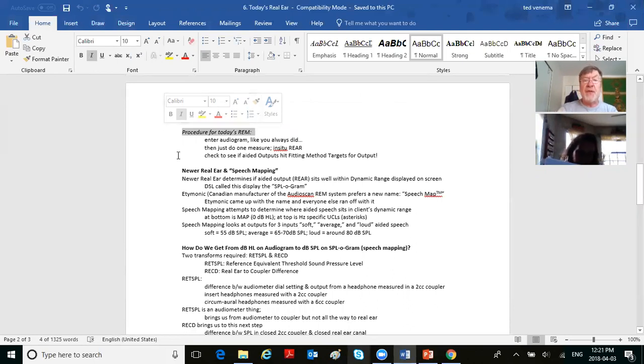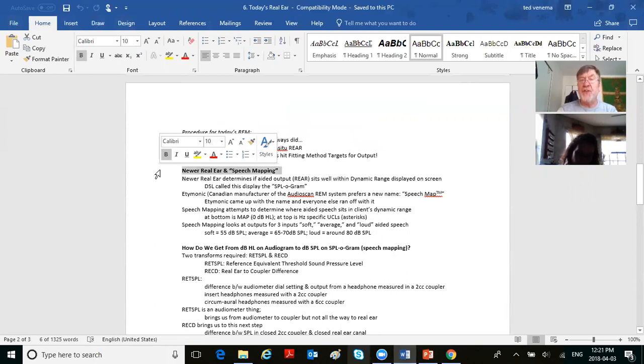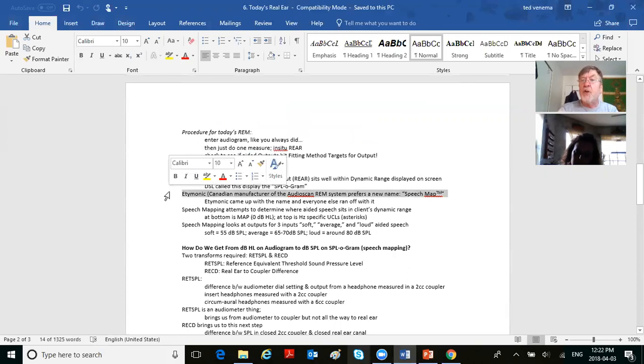Newer real ear and speech mapping. Basically, we've covered this all too, and this is a fitting place to end. Newer real ear determines if aided output sits within the dynamic range displayed on the screen. DSL called this the SPLogram. AudioScan coined the word speech map.